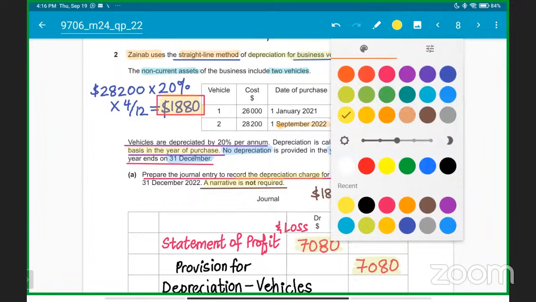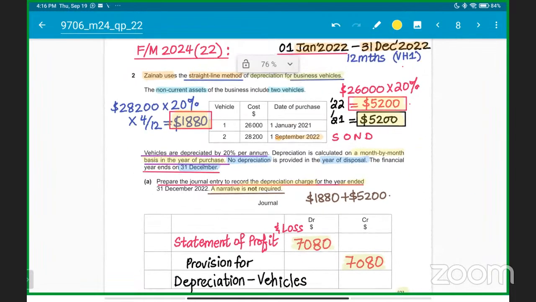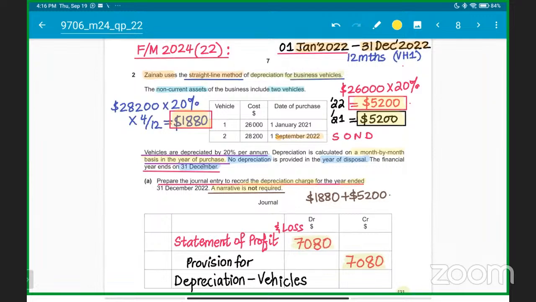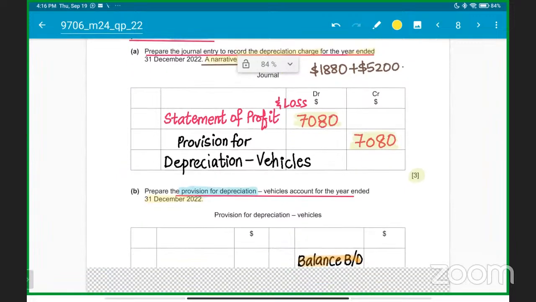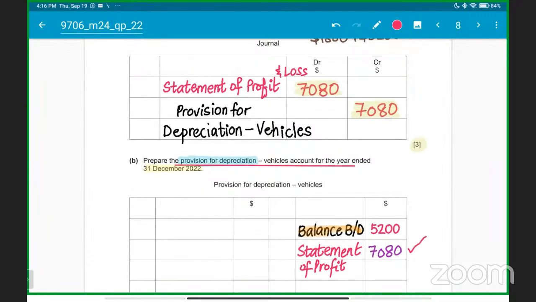So for vehicle number 1, 2021 year depreciation was also 5,200, and 2022 year depreciation was also 5,200. So 5,200 will be coming here. That is the balance brought down for the first year. The second year we will be charging here now, because we are making it.